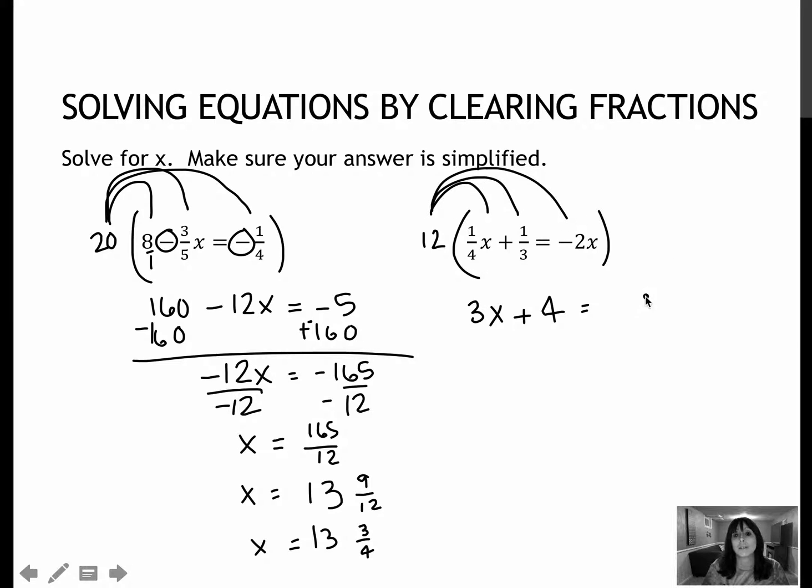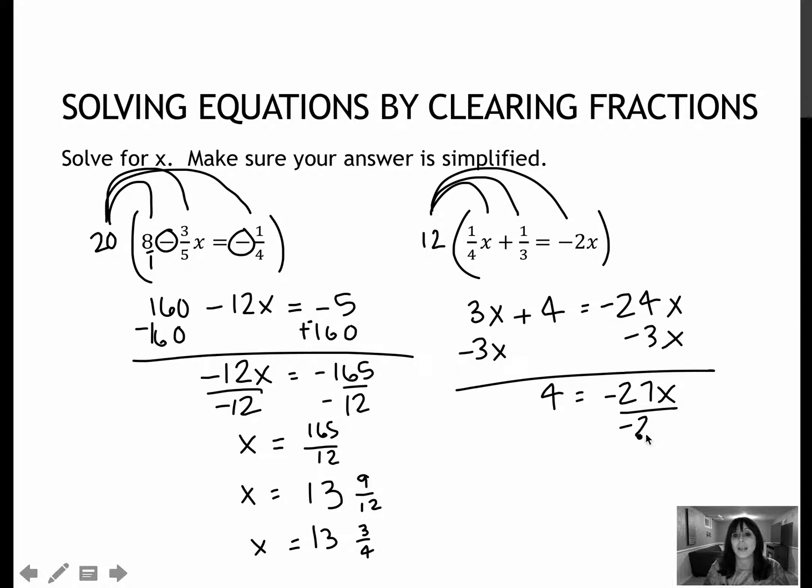And 12 times -2 is -24. And now I would subtract that 3x from each side. That would give me 4 equals -27x, and divide by -27. And honestly, that's really all I can do in that question. -4/27 is the same answer that I had before.